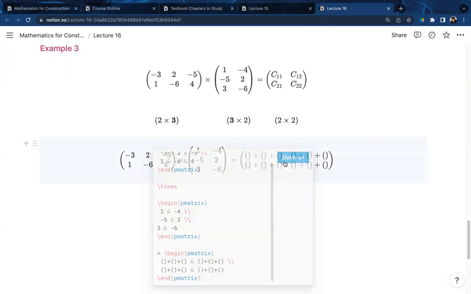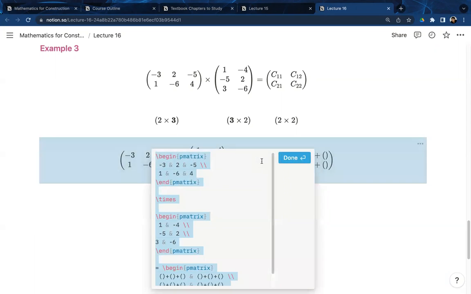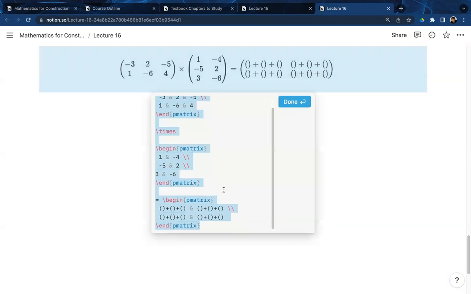Then we need to figure out inside each of these brackets, we need to multiply 2 numbers. So first row, first column is the 3, 2, negative 5 by the 1, 5, 3. Let me put this up here so you get more real estate.